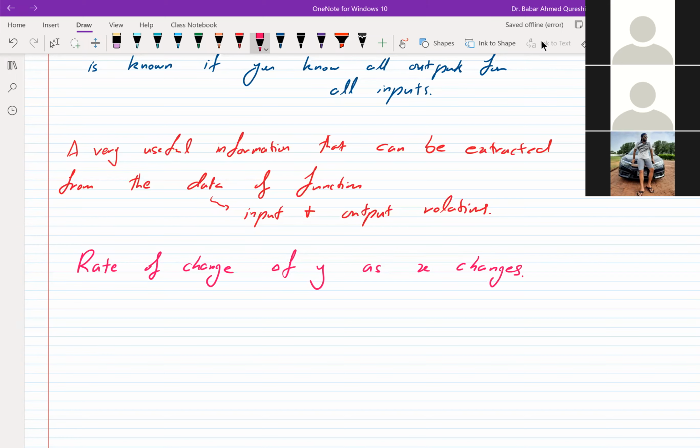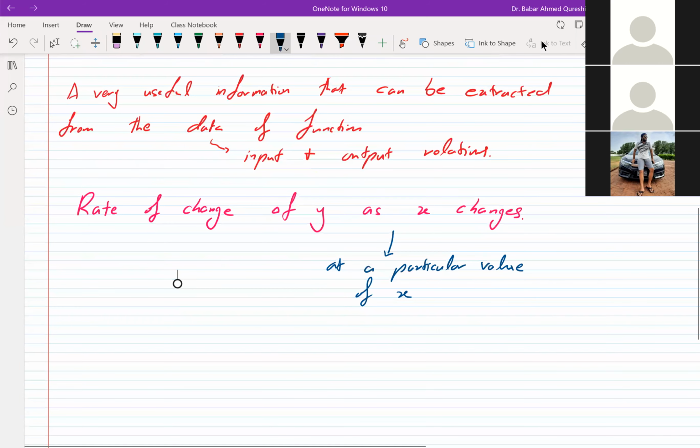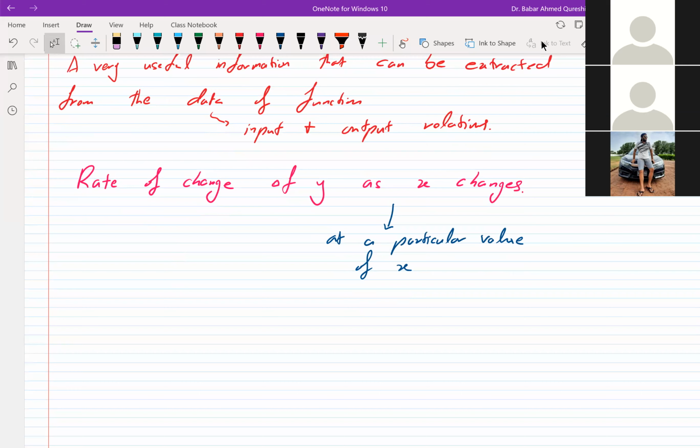That's a central piece of information which you can extract as x changes, and this you want to compute at a particular value of x. And then you want to know it for all values of x. So then you will have an extra information coming up about this function and its behavior. So this bit is central, and it is the derivative of the function.